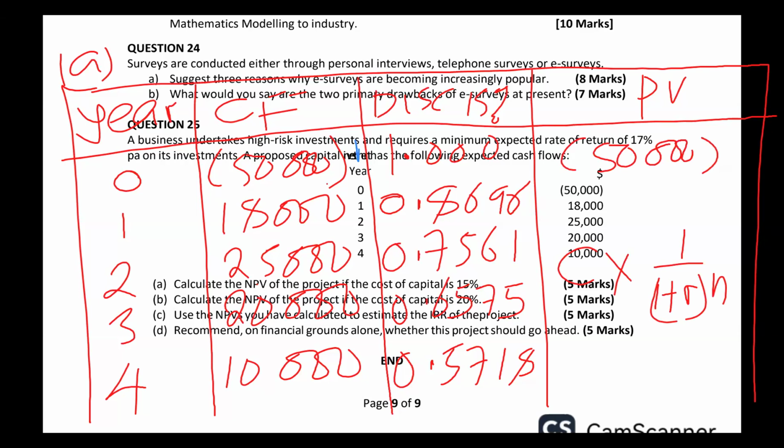Then 18,000 times 0.8696, what do you find? If many people were calculating, we could have moved fast. And I expected many people to be calculating, so that we just do this within 2, 3, 4, 5 minutes, we are done, and we get another question.